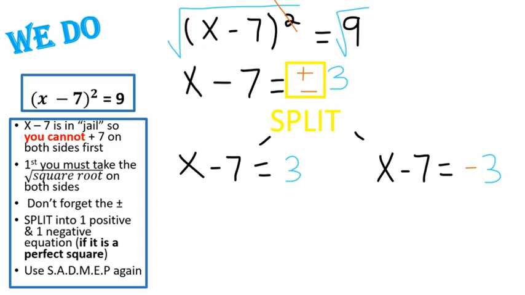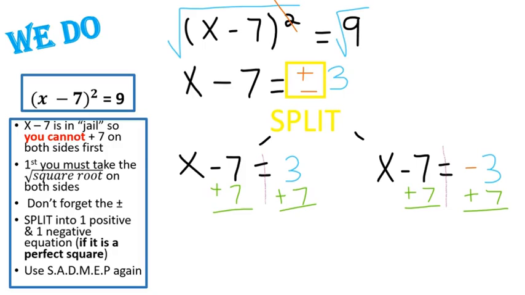From here, you then do your SAD MAP again until you isolate the x's in both of the equations. Now, the beautiful thing here is your step will be the same for both equations. The opposite of -7 is +7, so you add 7 on both sides in both equations. The steps should match, but that calculation better be different.